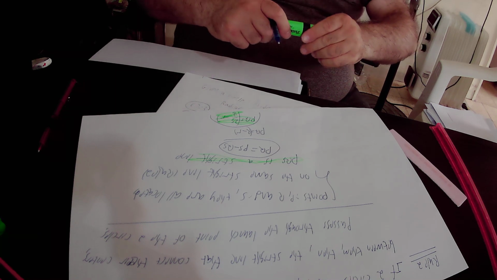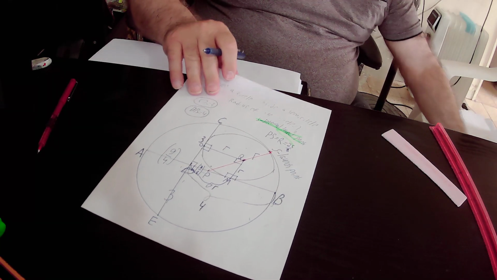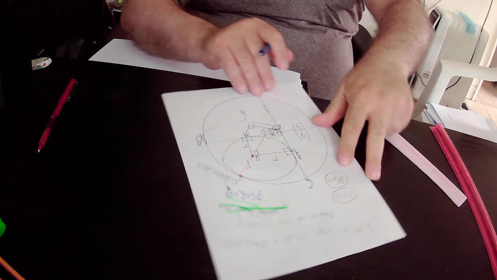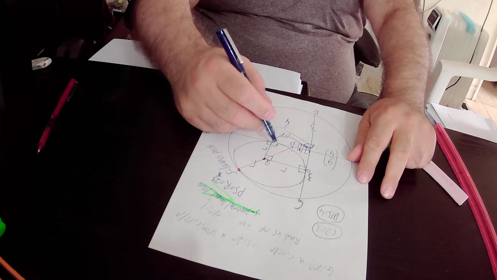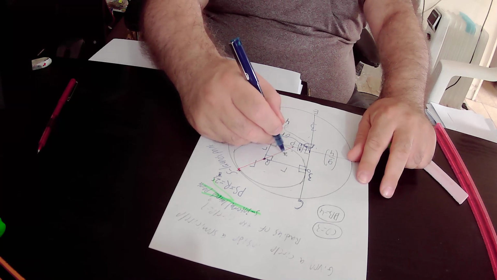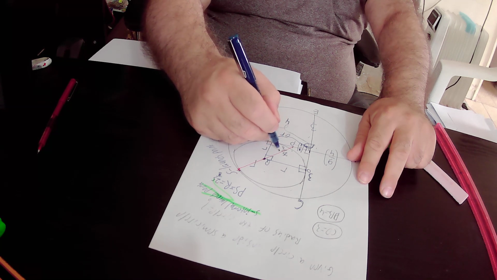So we can write here that this line segment PQ equals 25 over 8 minus small r.